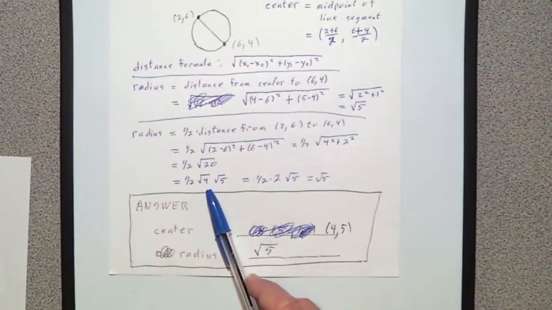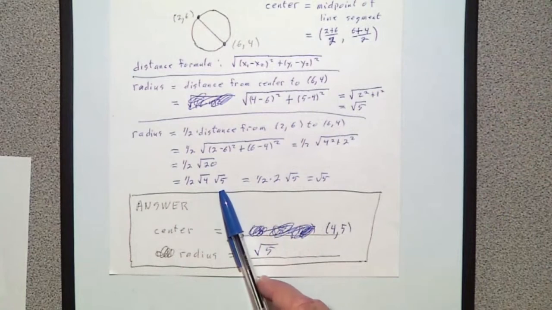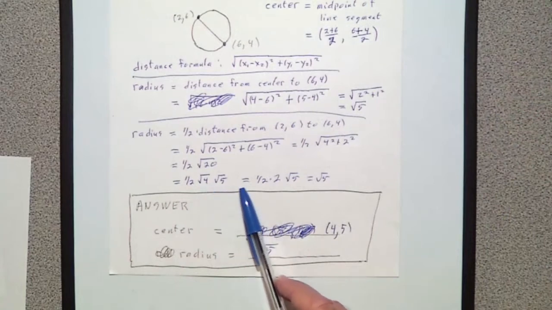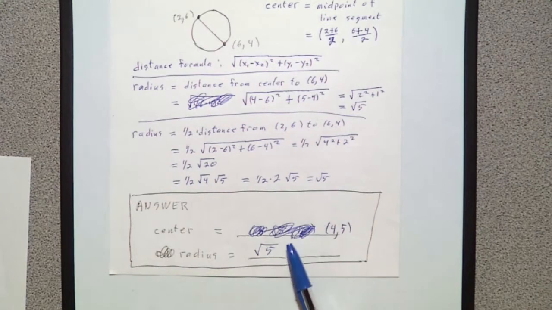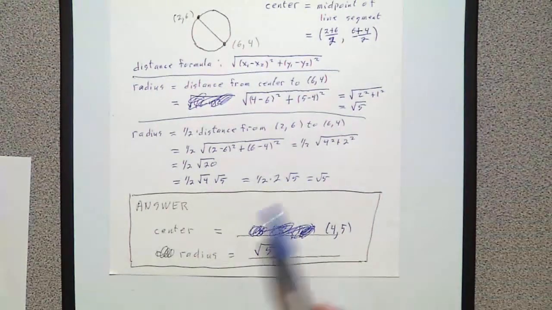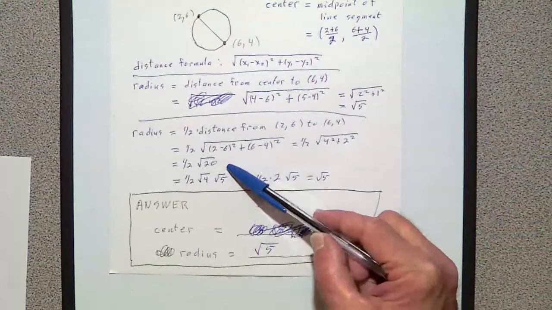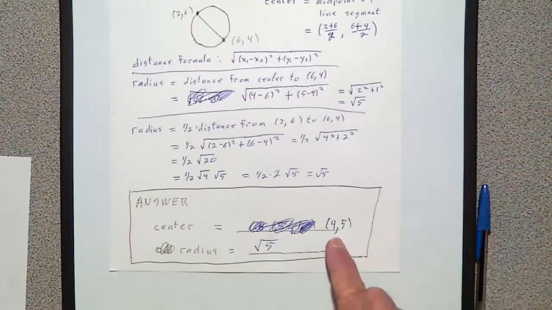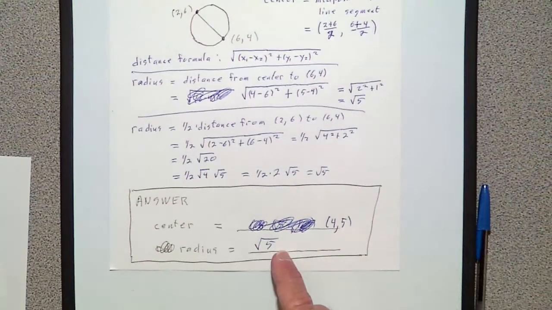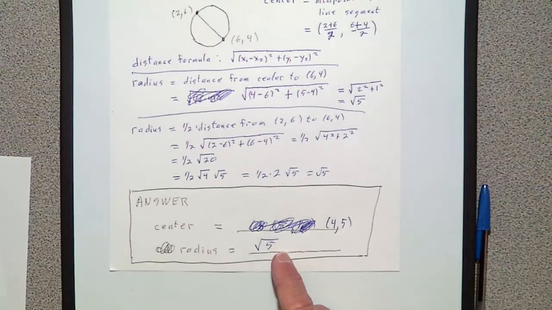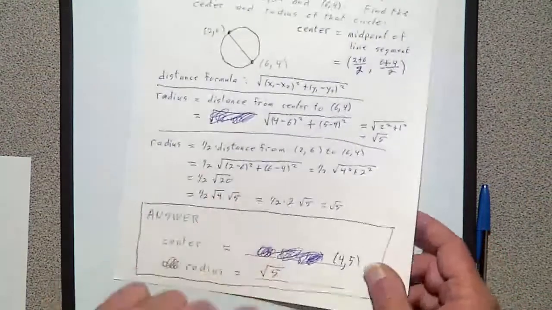That's a half times the square root of 4 times the square root of 5. Square root of 4 is 2. So again, you get square root of 5. You did not have to simplify. This was an acceptable answer. So we get the center (4, 5), radius square root of 5, 5 points for each half of the problem, 10 points total.